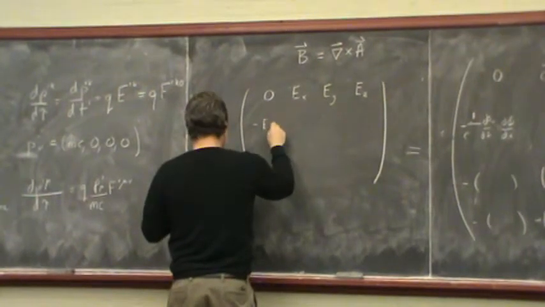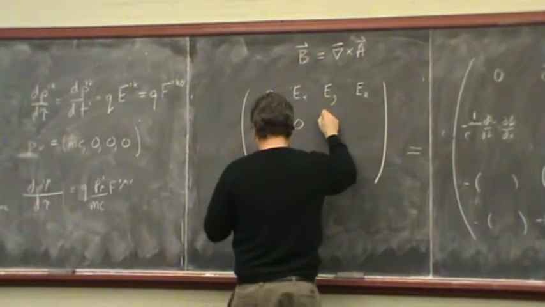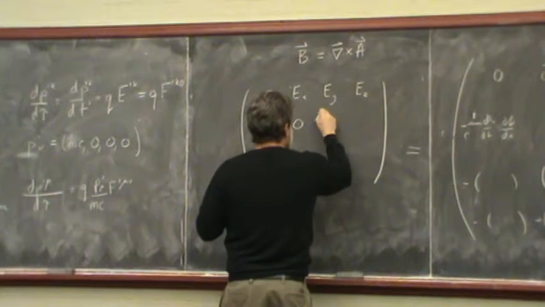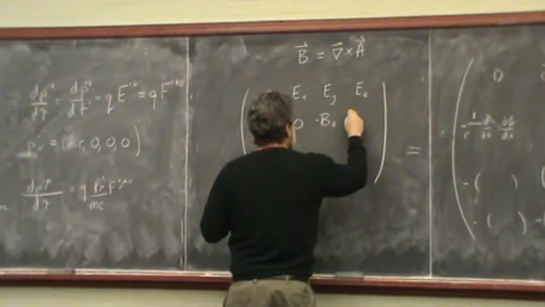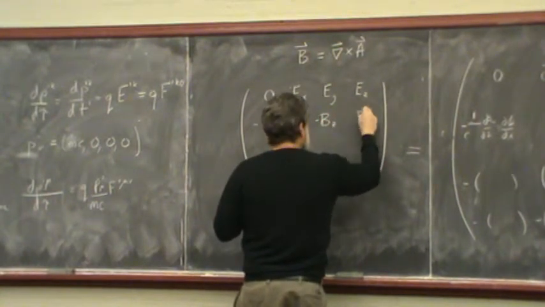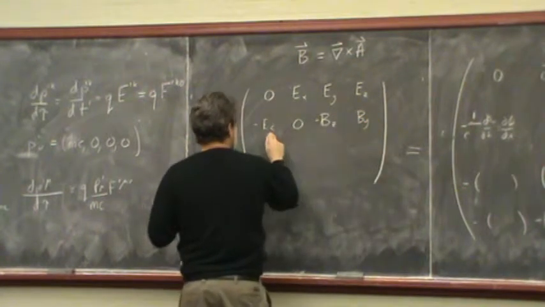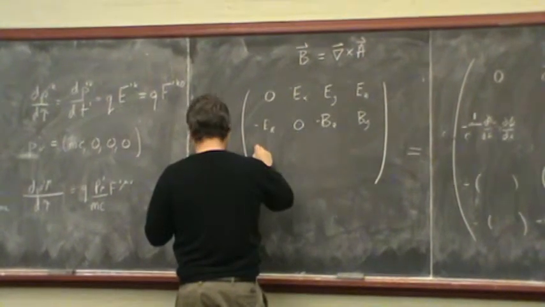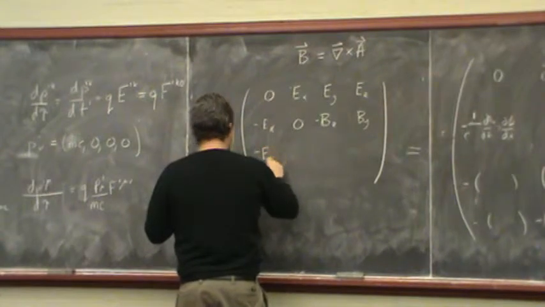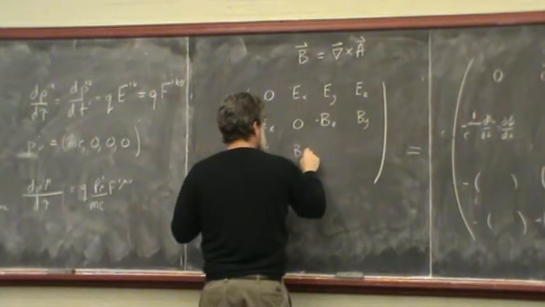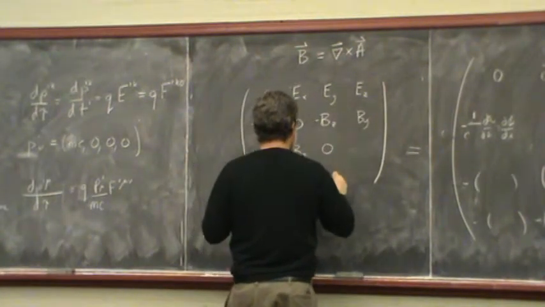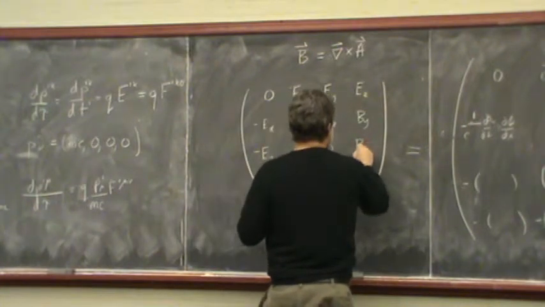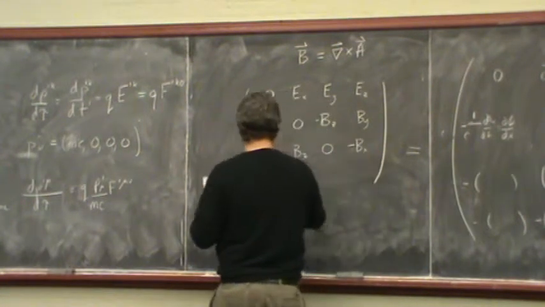Minus Ex, 0, minus B in Z direction. Ey, this is an X, minus Ey, Ez, 0, Bx.